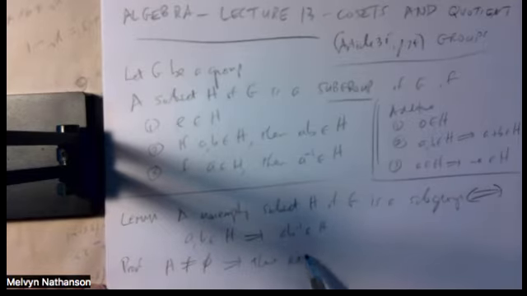And the proof goes as follows. First of all, H not empty, this means not the empty set, means that there exists an element A in H. And if you let B equal A, then A B inverse, that's A times A inverse, that's the identity.